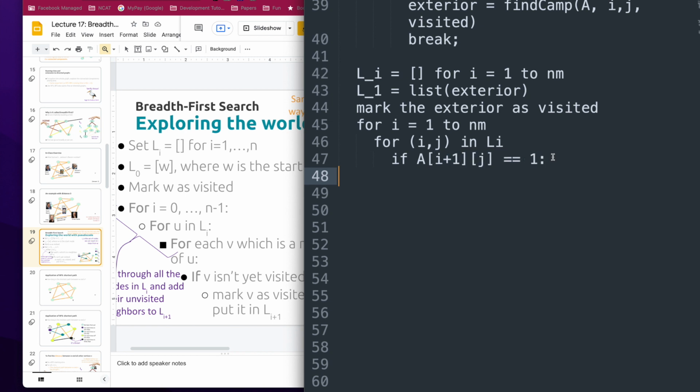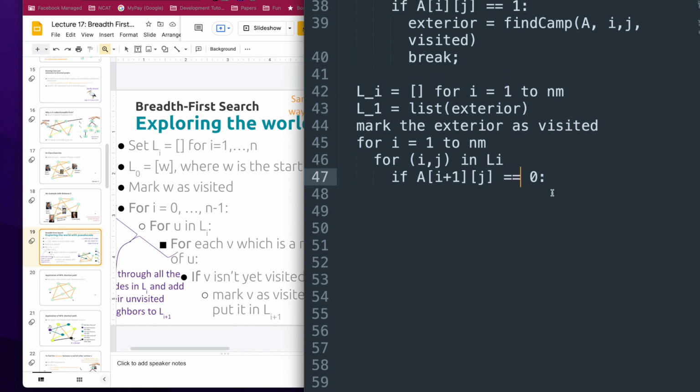We check all 4 neighbors of U. Going back, we're looking at the exterior from 1 to nm, and we look at each level. And now if a[i+1][j] equals 1, what we're looking at here is that we're considering edges where we are next to an unoccupied space. So that's when we actually have an edge. And you want to consider all 4 of them.